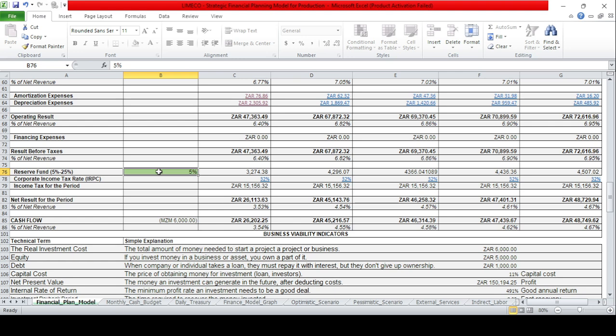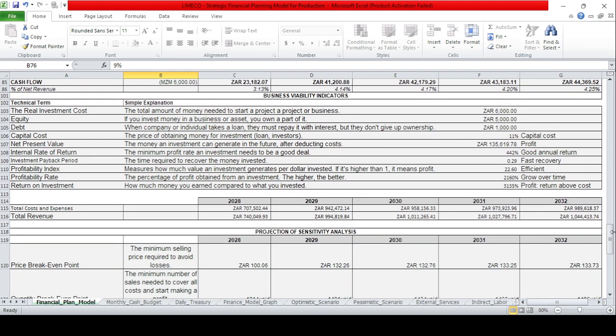Future problems can come in the future, some economic problem. The reserve fund must vary between 5% and 25%. You can see 6%, 9%, at your desire.